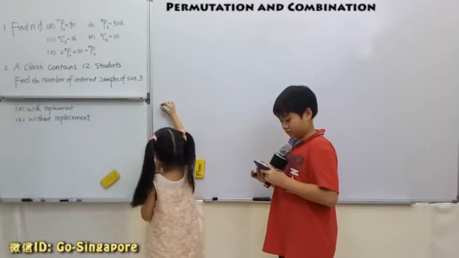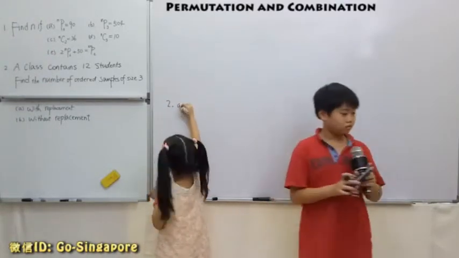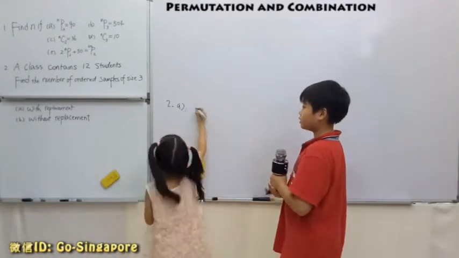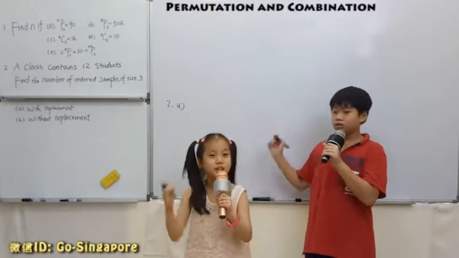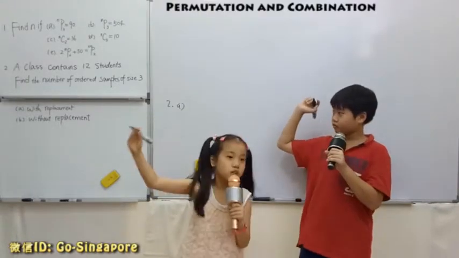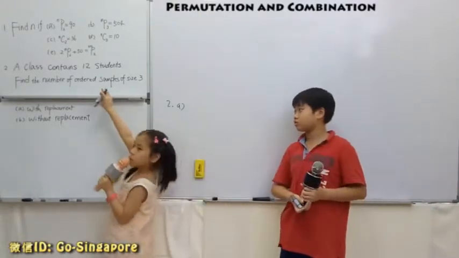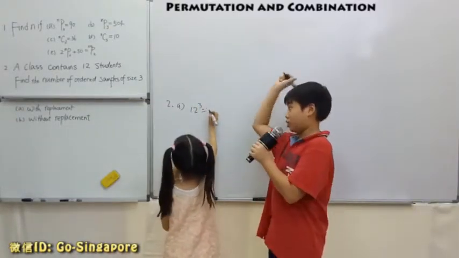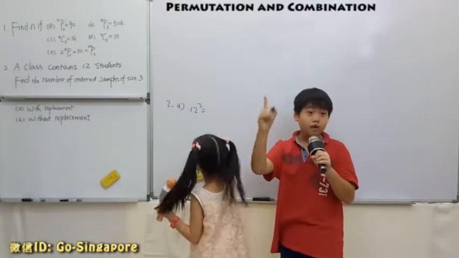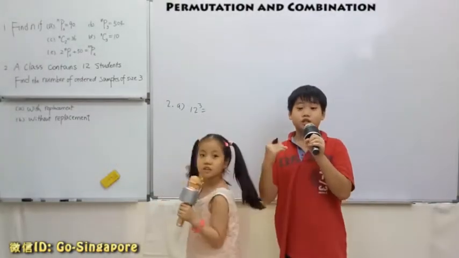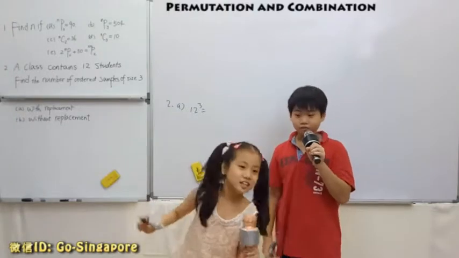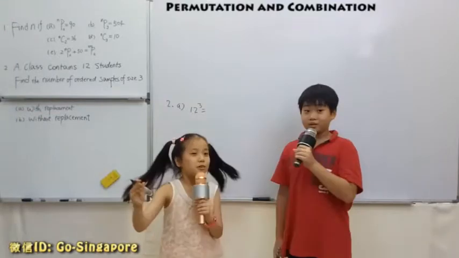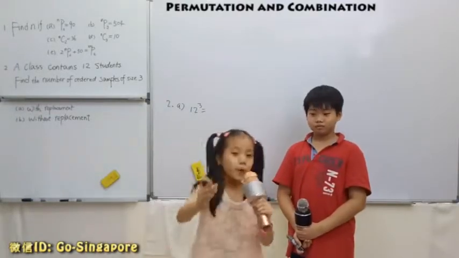The answer for A is just 12 cubed, because it's 3 choices and there are 12 students. For the first time, you have 12 choices. Then the second time, you still have 12 choices because you can choose them again. The third time you also have 12 choices.